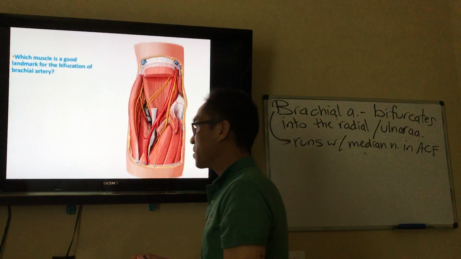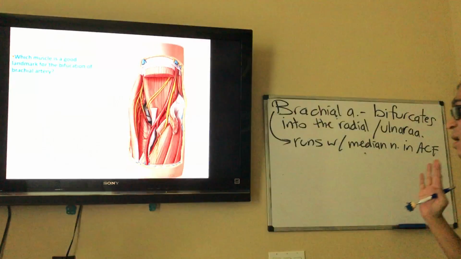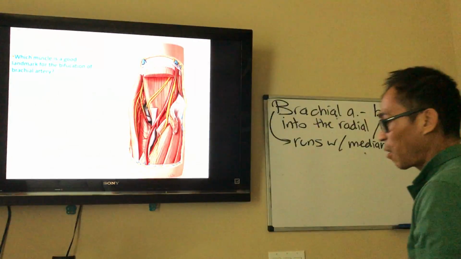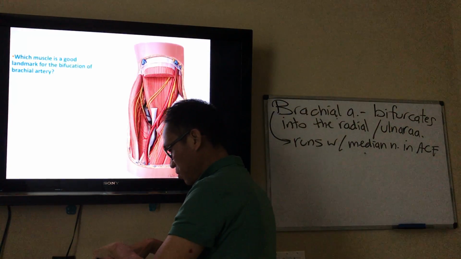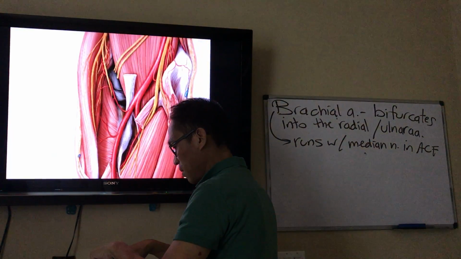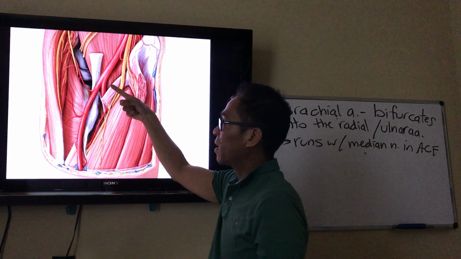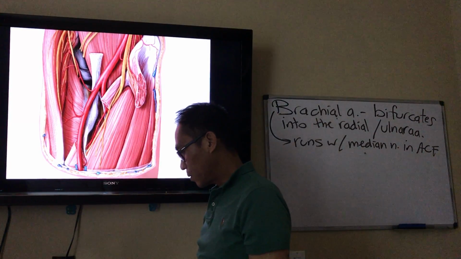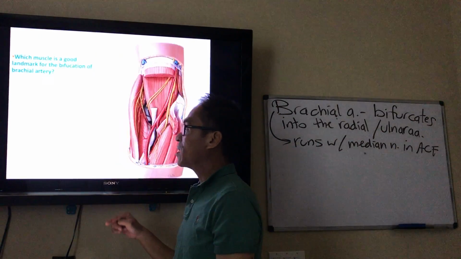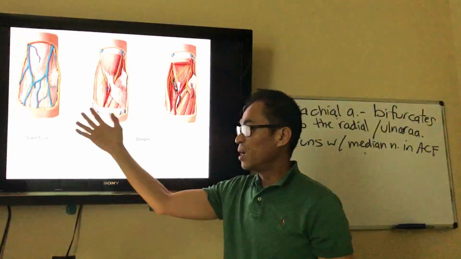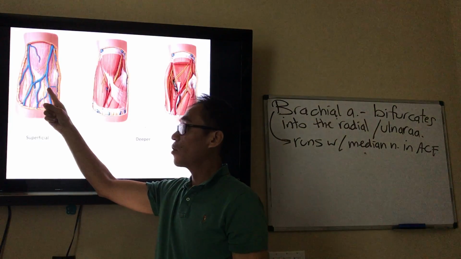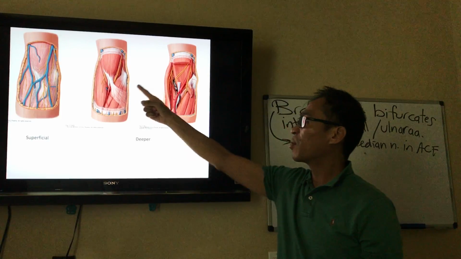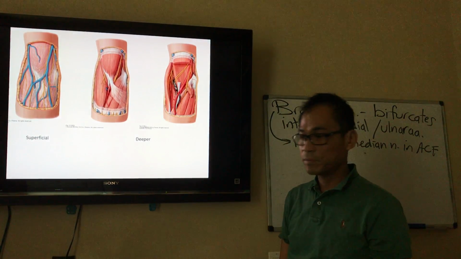Here's a picture of the deepest dissection, just so you could see the artery bifurcating into radial and ulnar arteries here. So you can kind of zoom in on it. Right there is the end of the brachial artery, dividing into radial and ulnar arteries. I put the three side by side just so you could view. In the superficial dissection, you can't see the artery, but if you remove some structures in this picture here, you can start to see the brachial artery and get the clearest view here.